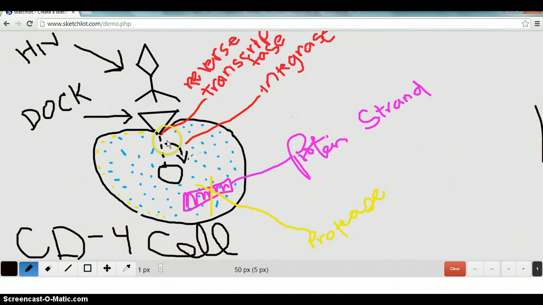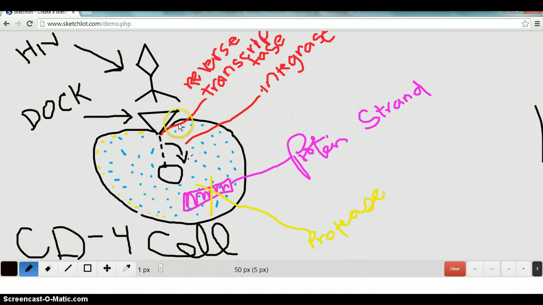In order to get DNA for HIV, the RNA copies the DNA of the cell, and now the HIV has DNA. Again, remember, the HIV virus has only RNA, so RNA copies from DNA to make DNA, copies human DNA to make DNA in HIV.